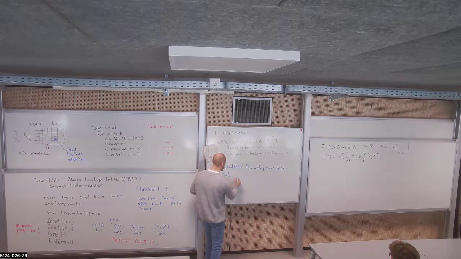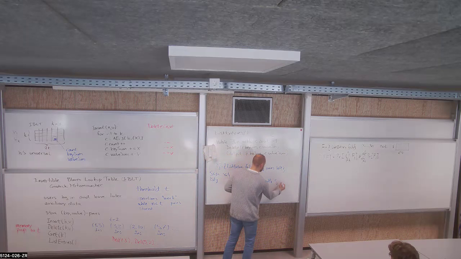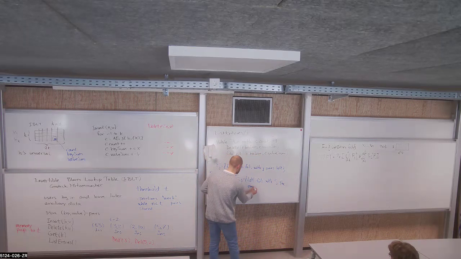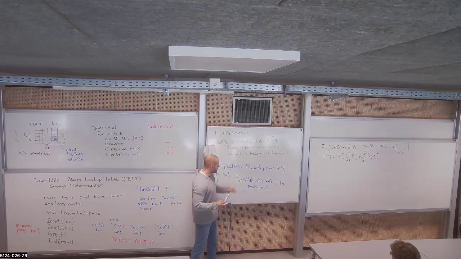So we're going to define F_j,S: the peeling process fails, and S is the set of keys that are left, the remaining keys.